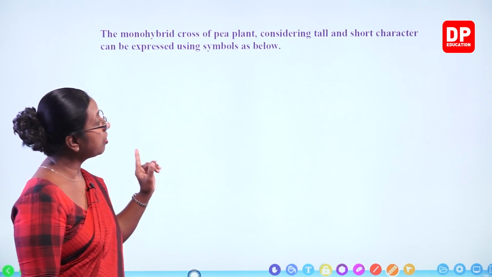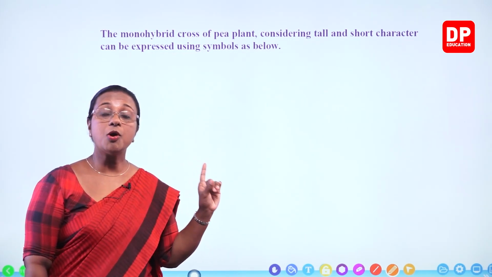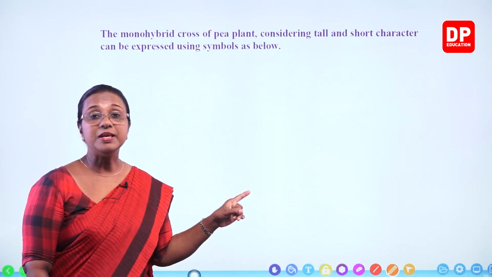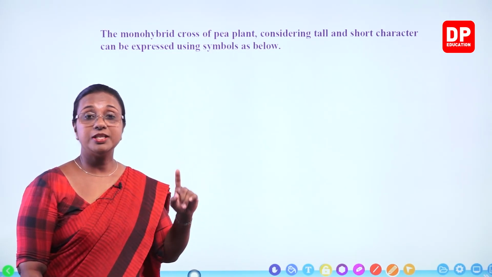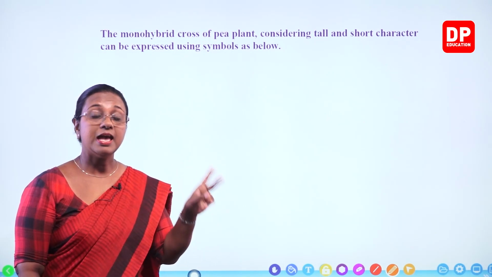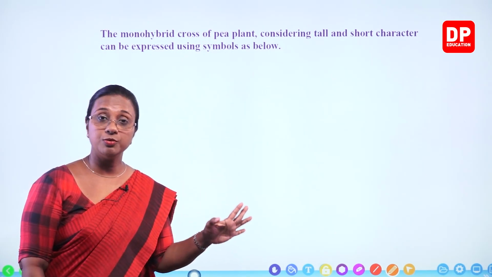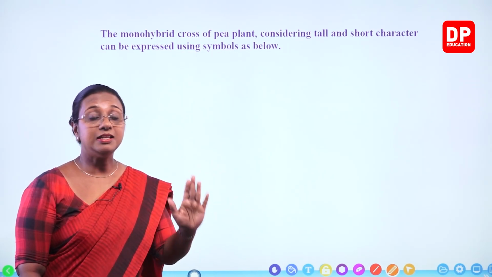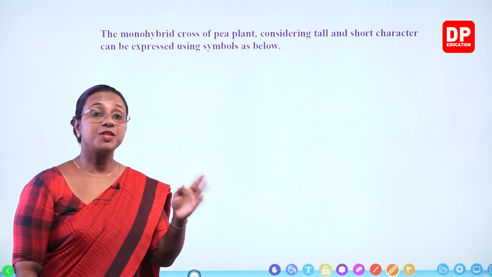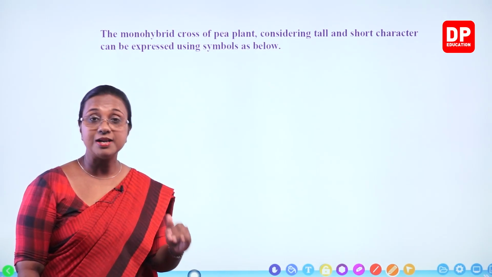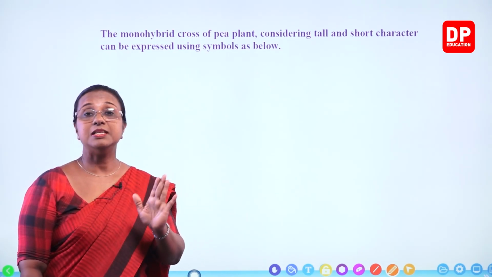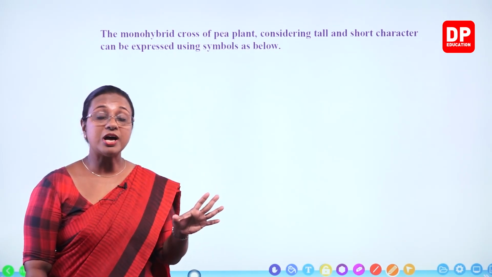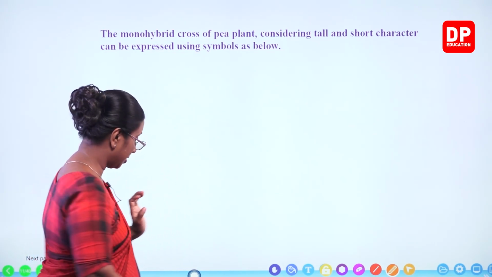So if it is tall and short character, now you all know tall is dominant, capital T, short is recessive, simple t. And because it's two factors, pure breed tall plants are denoted by TT, capital T, capital T. Pure breed short plants are denoted by simple t, simple t. So those are the parent generation.